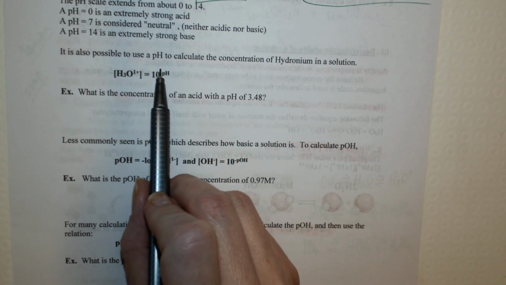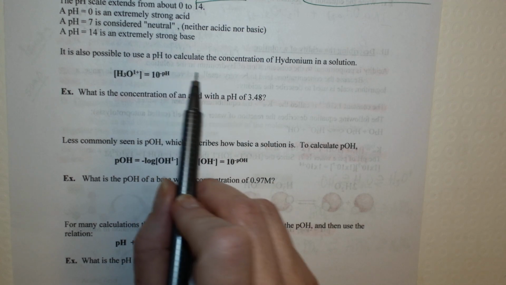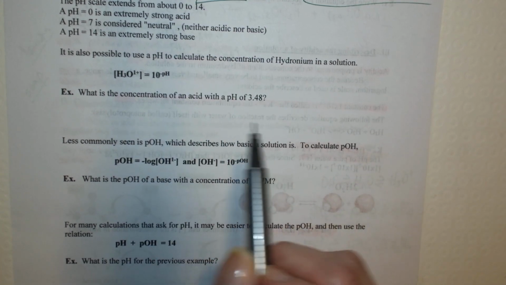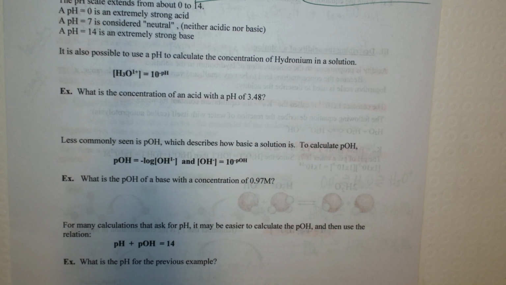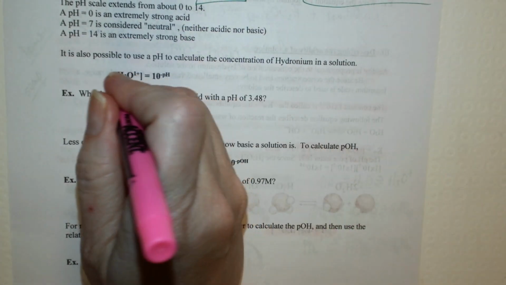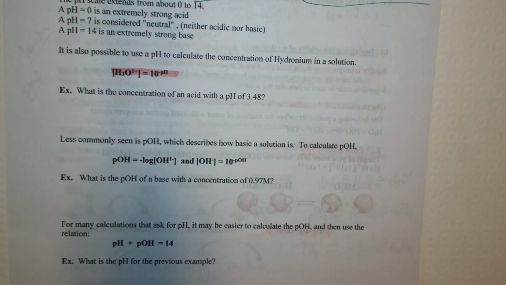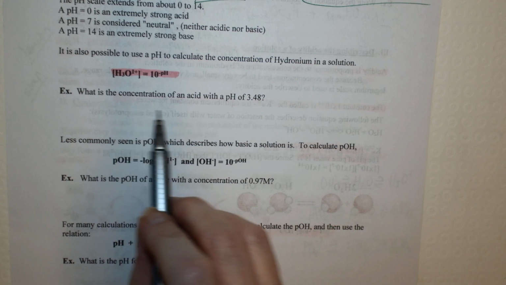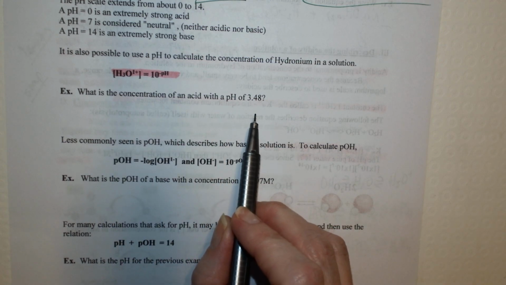All right, is it possible to use the pH to calculate the concentration of hydrogen ion or hydronium? Yes, and this is the formula for that. You're going to have to memorize this formula as well. Hydronium is equal to 10 to the negative of the pH. So it says, what's the concentration of acid with a pH of 3.48?